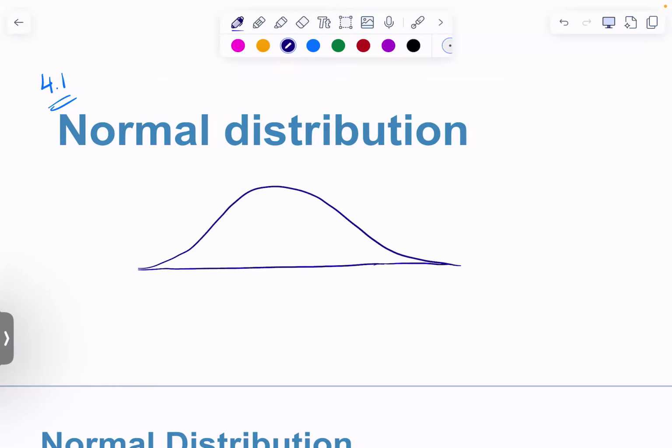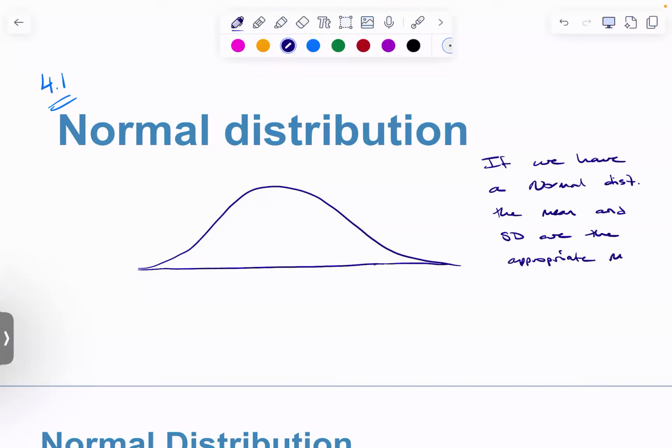And what we know is if we have a normal distribution, the mean and the standard deviation are the most appropriate measures of center and spread.